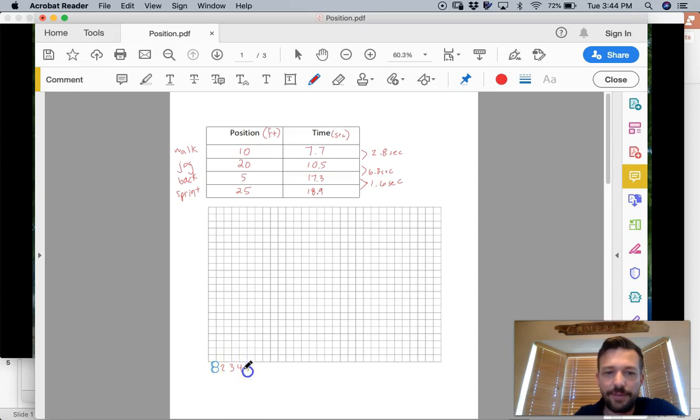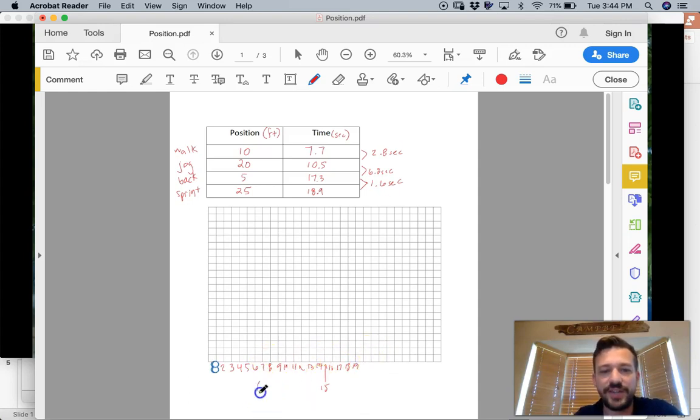It's annoying, but what are you going to do? 6, 7, 8, 9, 10, 11, 12. It's getting small. 13, 14. That one right there is going to be 15. That'll give us a little bit of space there. 16, 17, 18, and 19. Okay, and that brings us to the end.